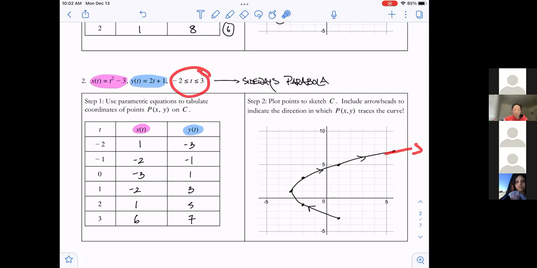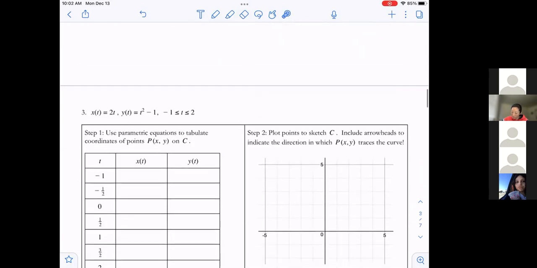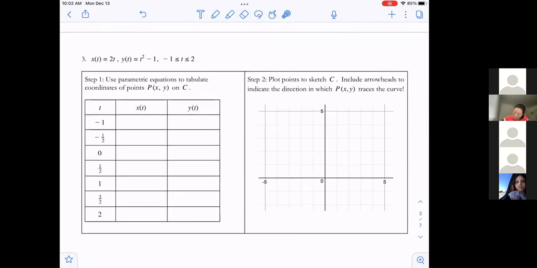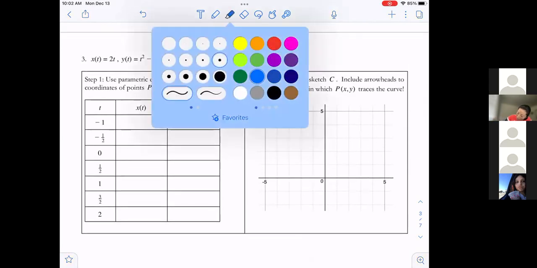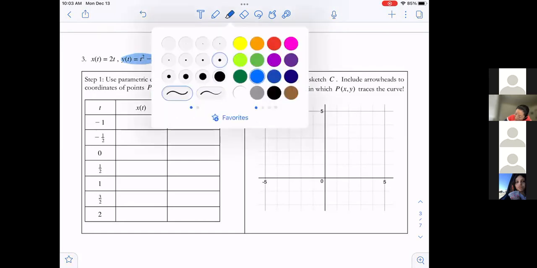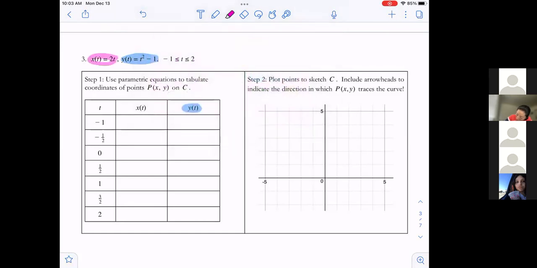All right, let's try one more example like this. And if we could do the same thing, type into the chat the y's, or you're going to work on the x's, just to make sure we've got enough diversity in who's doing what in the class, and then we'll fill in those values.